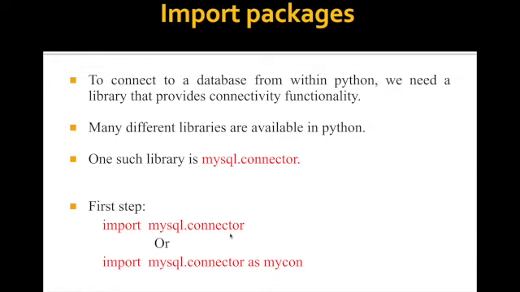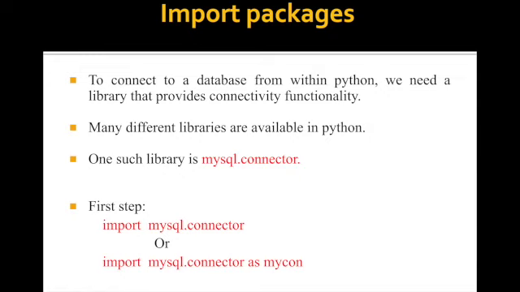Another thing: if you are using the math module and you want to use the sine function, how can you use it? math.sin or math.cos or math.pow. The module name is also added, then the dot operator, then the function.